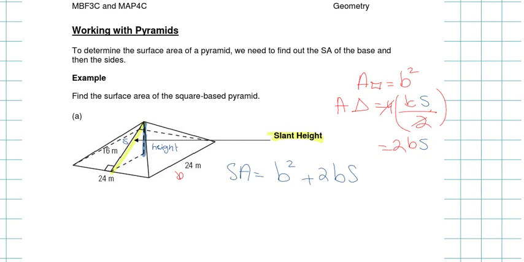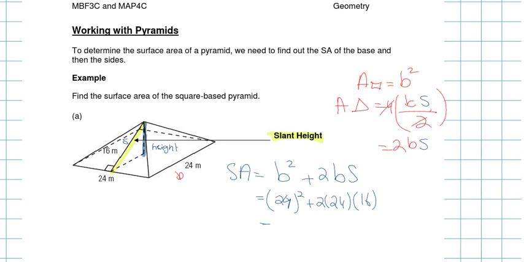So now in this case, I know the slant height is 16, so the slant height is given to me. I know the base, so I can just plug it in. So 20 squared plus 2 times 24 times 16.